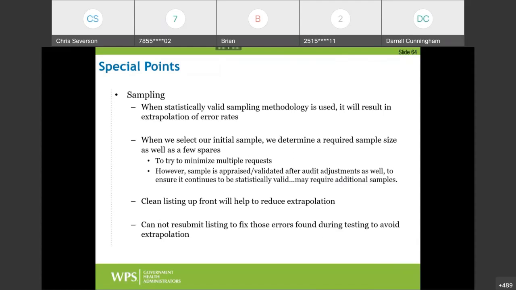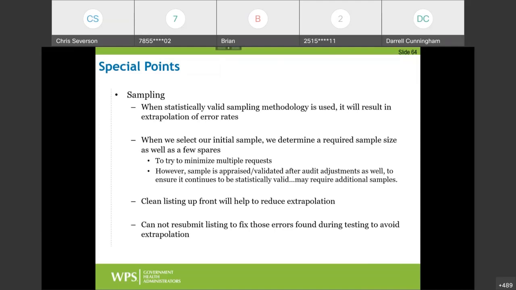When we determine a required sample size, we also select a few spares, because chances are when we validate the sample, it's going to come back and say you need 1 or 2 more units. Generally, whenever we make an adjustment based on errors we found, it's probably going to tell us you need another unit to support this confidence interval or precision level.